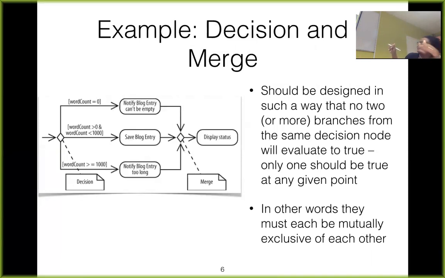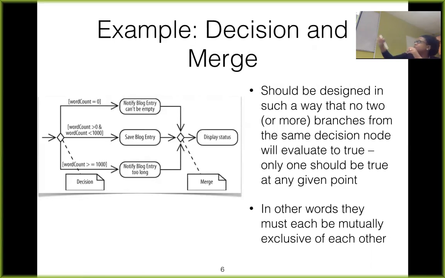So if it is greater than 0, less than 1,000, then you go ahead and save the block entry. If it goes up to 1,000 or more, then it tells you that the block entry is too long, right? And then when you finish with all of that, it all comes back into the merge node, and then you can display status. Either way you want to display status, that's what it means.